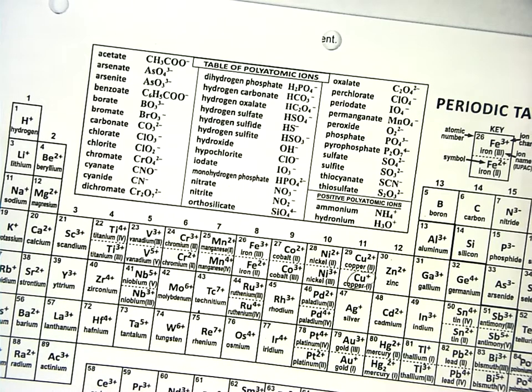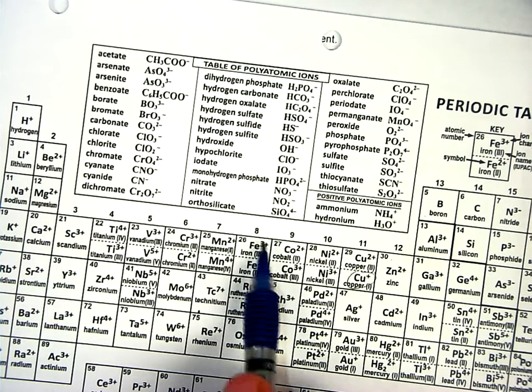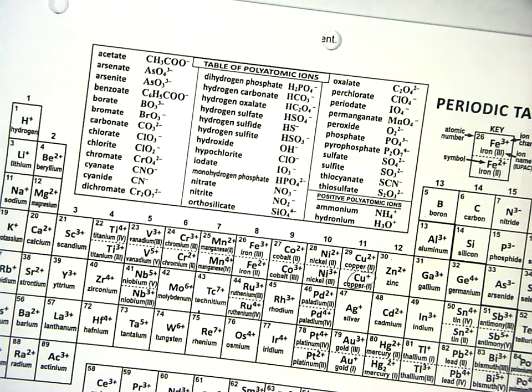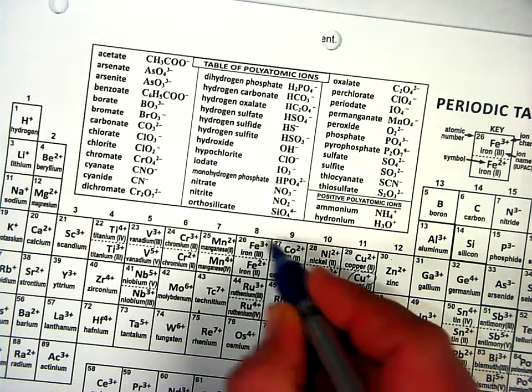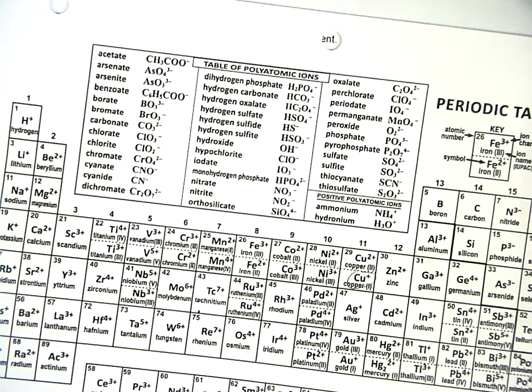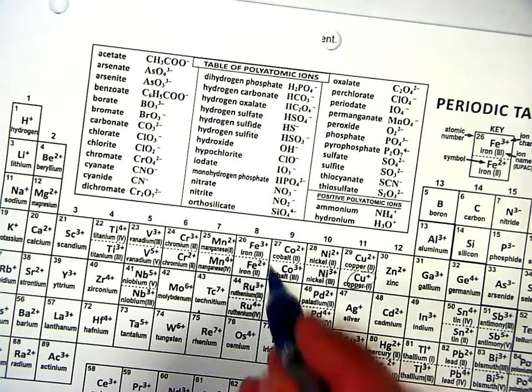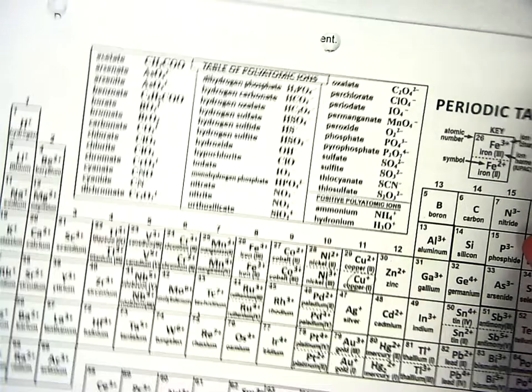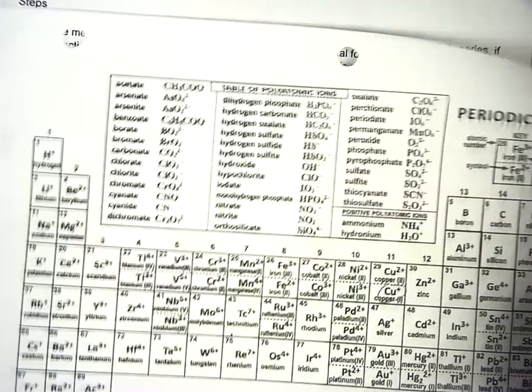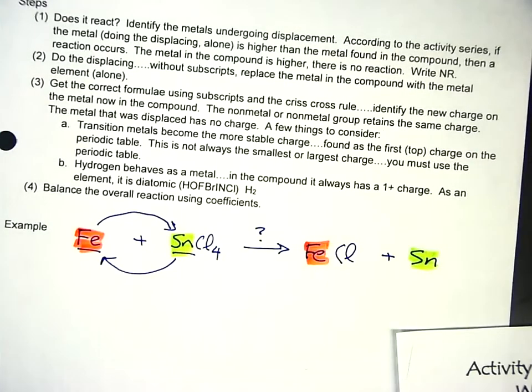The chart is organized in a way that the top charge is the more common or more stable one. There's no rhyme or reason. It just happens that iron 3+ is going to be the one that's produced rather than iron 2+. Iron 3+ is more stable than iron 2+. Not that iron 2+ can't be produced, it just generally doesn't get produced.